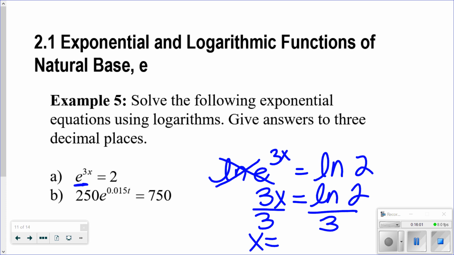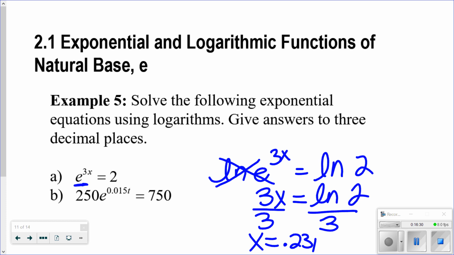So x equals, let's go ahead and see what that is. So we have natural log of 2 divided by 3. So we should get that x is 0.231.